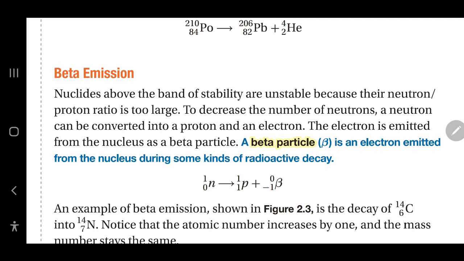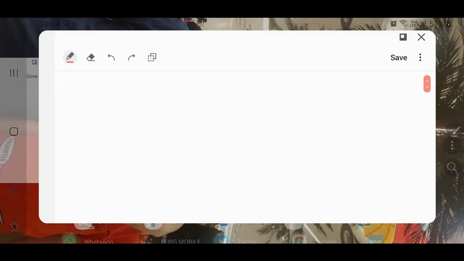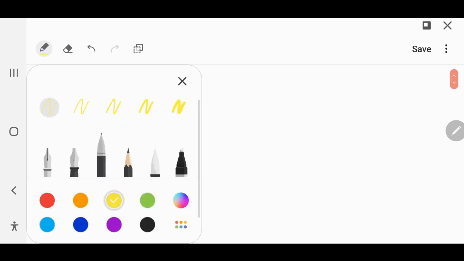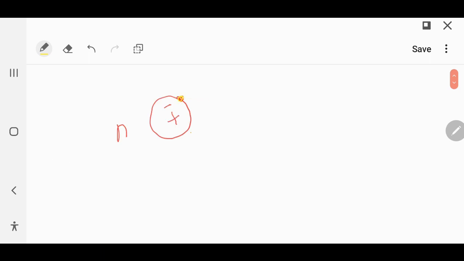And the answer to that question is that the neutron itself is converted to a proton. As you can see here, if we have a neutron, a particle with a plus and minus charge, and a very small part of the neutron splits from it and takes the negative charge with it, it will form the electron.